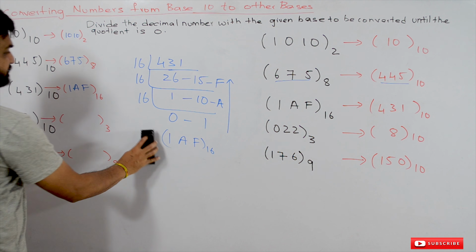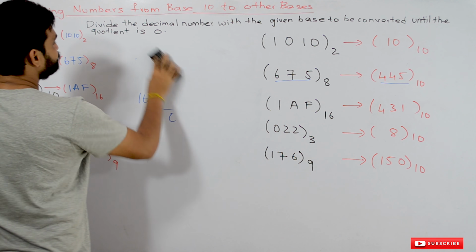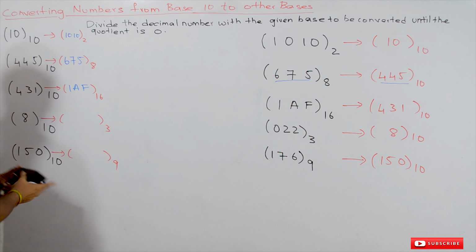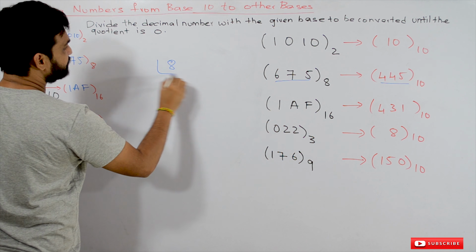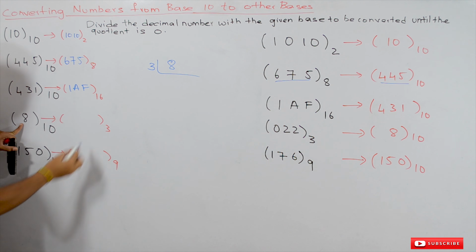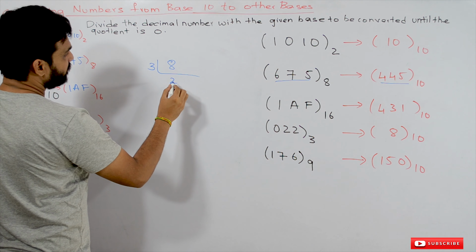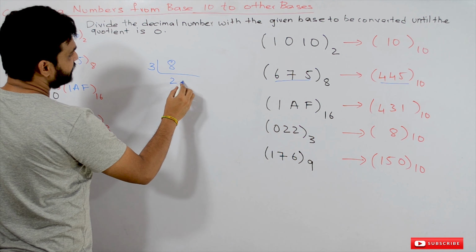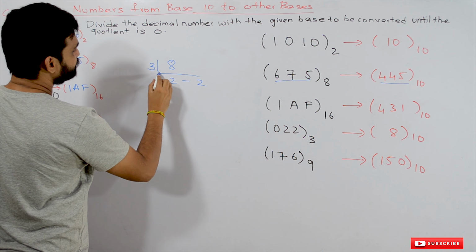Okay, the next number is 8. We have to convert 8 into a base 3 number. If you want to convert a decimal number to a particular base, the decimal number has to be divided by the base. So 8 divided by 3 is 2 times, and the remainder is 2.